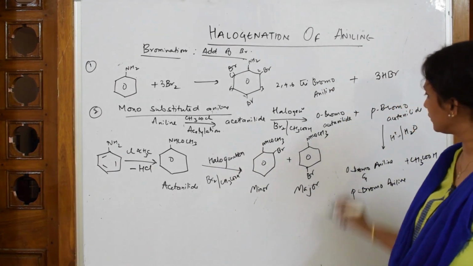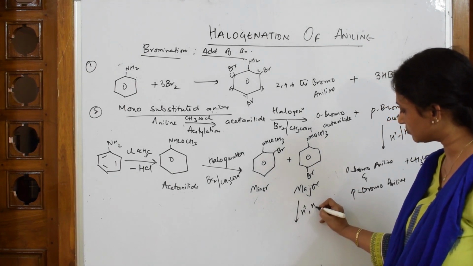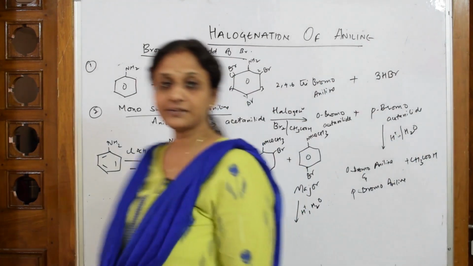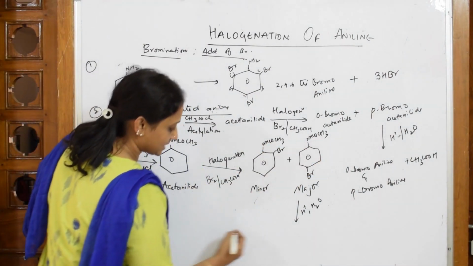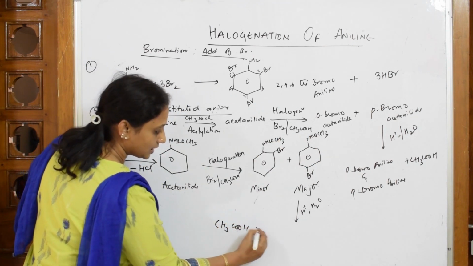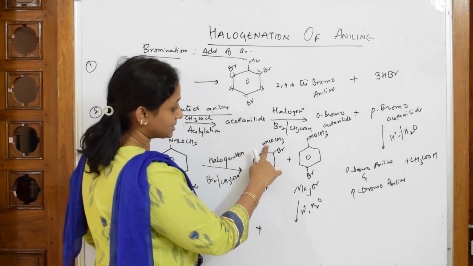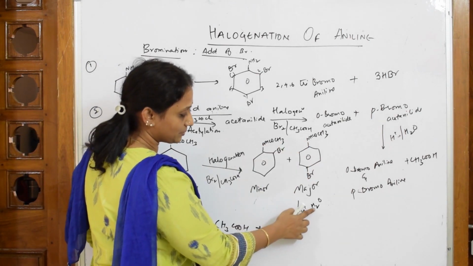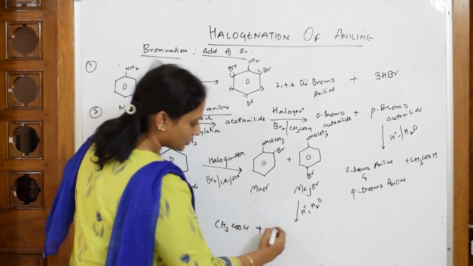Now further, what do we do? We are going to hydrolyze this with H plus and water. When you're hydrolyzing it, observe carefully. This comes out as acetic acid, CH3COOH. Now what is left over is NH here, NH here. That picks up hydrogen from here and becomes NH2 and NH2. So what do I get?